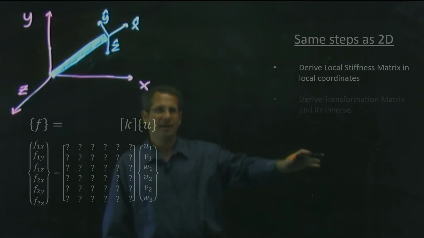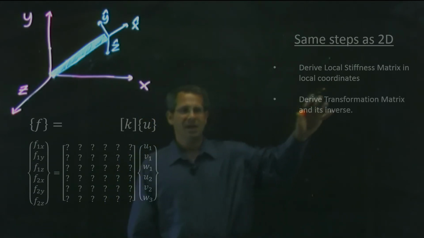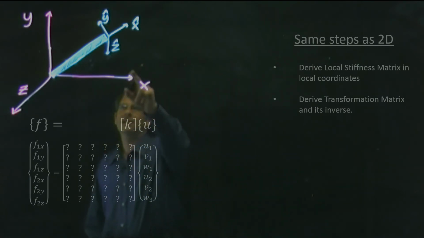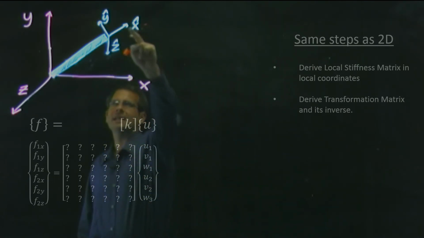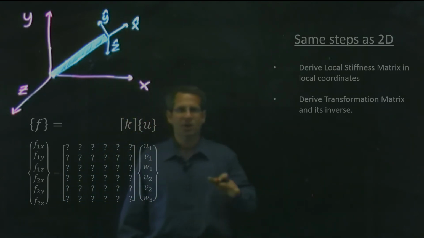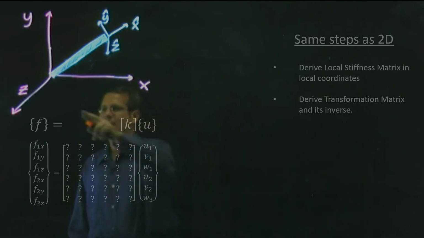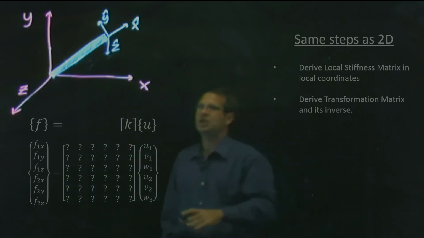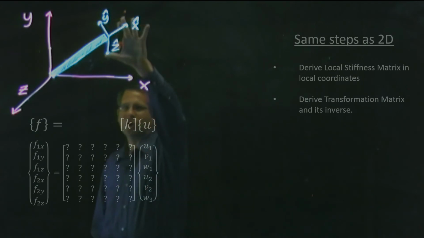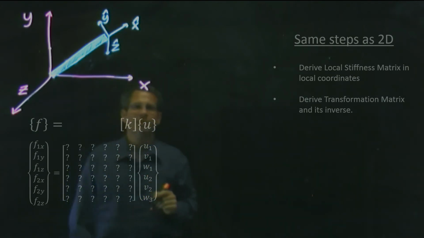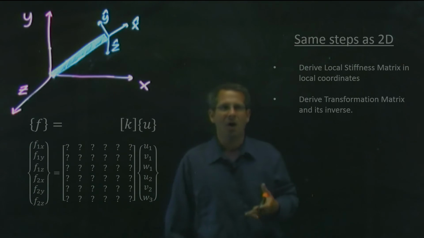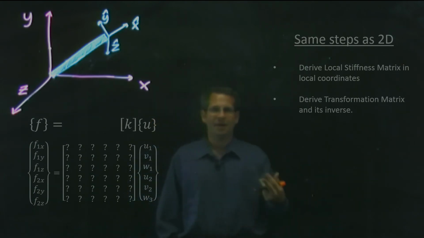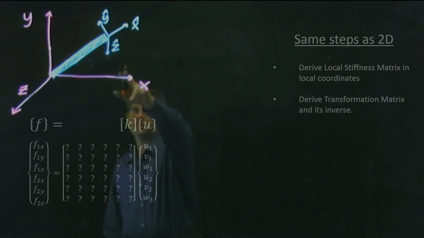We will then find a transformation matrix and the inverse of a transformation matrix, which will relate the local coordinate system, the x hat, y hat, and z hat coordinate system, to the global coordinate system, x, y, and z. In 2 dimensions, the relationship between the local coordinate system and the global coordinate system could be defined simply by 1 angle. What we're going to find here is that we're going to need 3 angles to define the relationship between the 2 coordinate systems.